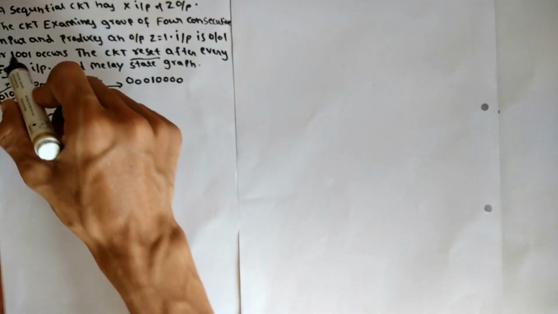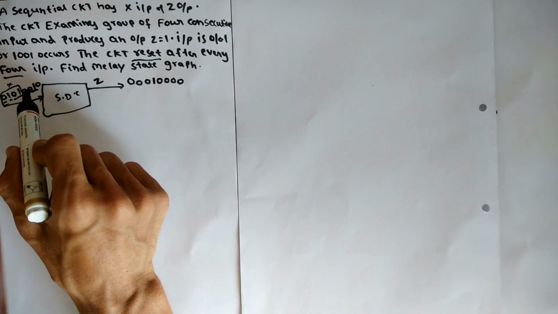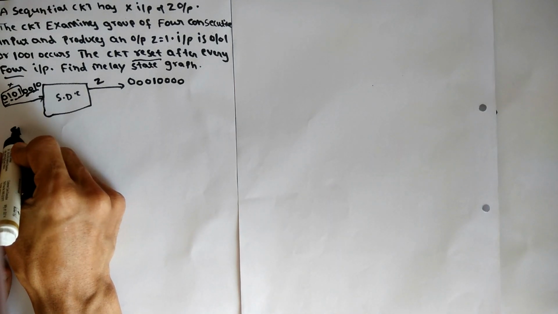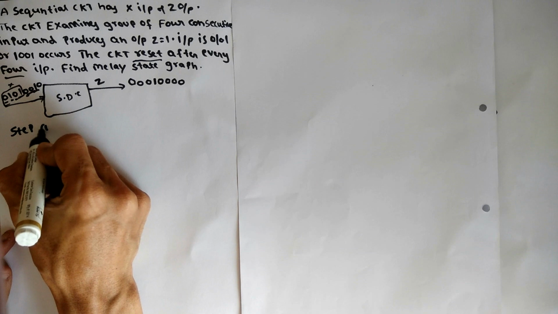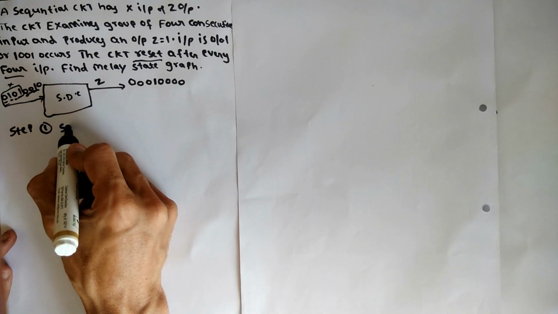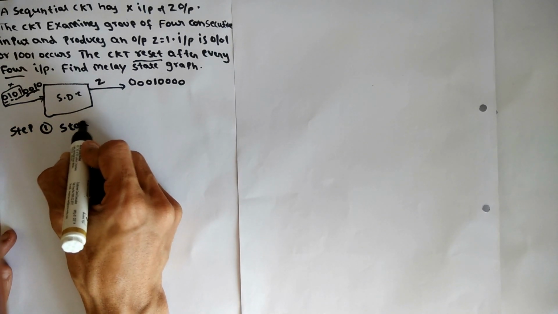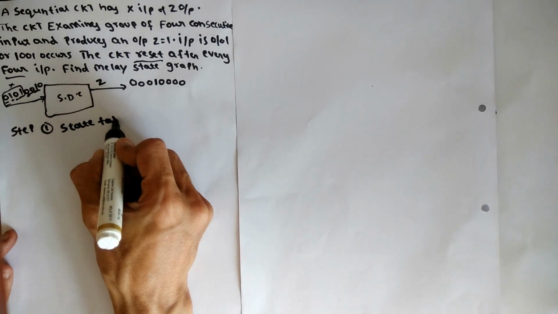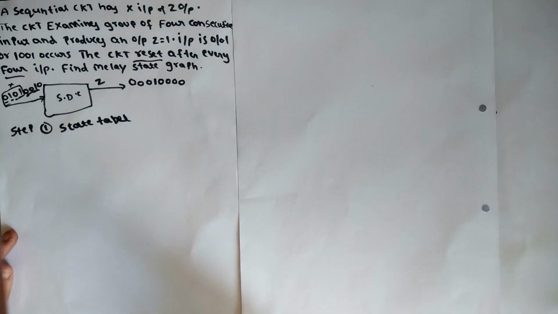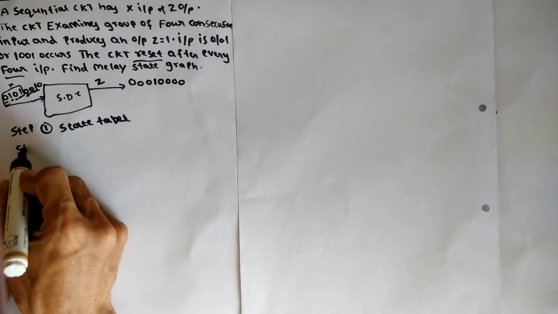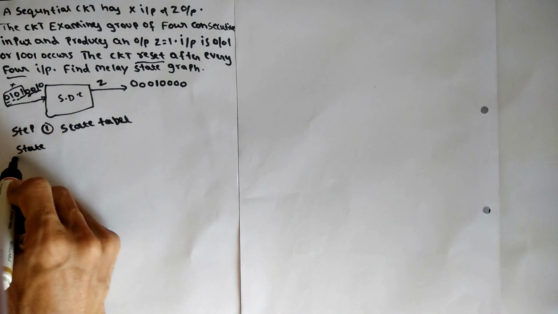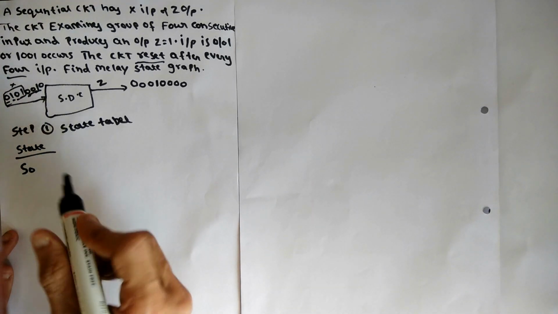The thing you have to remember is that there are 2 sequences possible to get the output, and every 4 bits it becomes a reset. So we can move on to step 1, the state diagram. Before that we make the state table, showing how each state changes when X input is 0 and when it is 1. First, the states. We take the first state as S0.